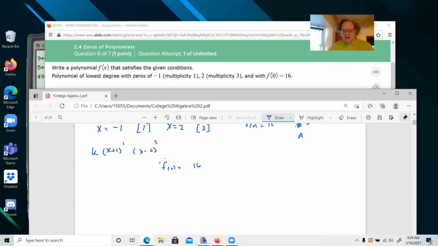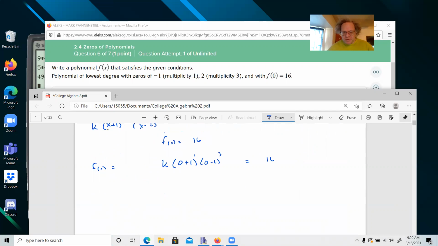And then let's figure out what's going to happen here. So we have k times 0 plus 1, because we're plugging in 0 for the x's here. We have f of 0 equals, and then 0 minus 2 cubed, and this has to equal 16. Okay, well, we have k times 1, and then -2 cubed, that's going to be -8.